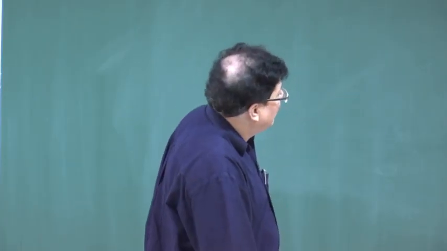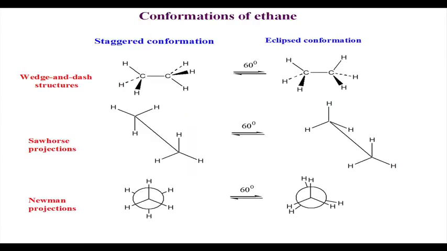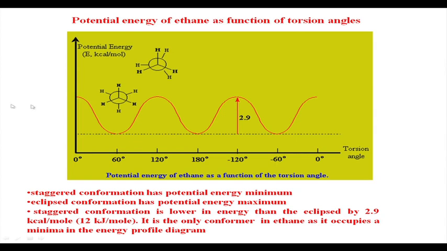Now, just one more concept which I did not tell you at that time. Last lecture I mentioned that amongst these various conformations, some conformations will occupy the minimum of the energy profile diagram. It is written here: staggered conformation is lower in energy. It is the only conformer in ethane as it occupies a minima in the energy profile diagram.